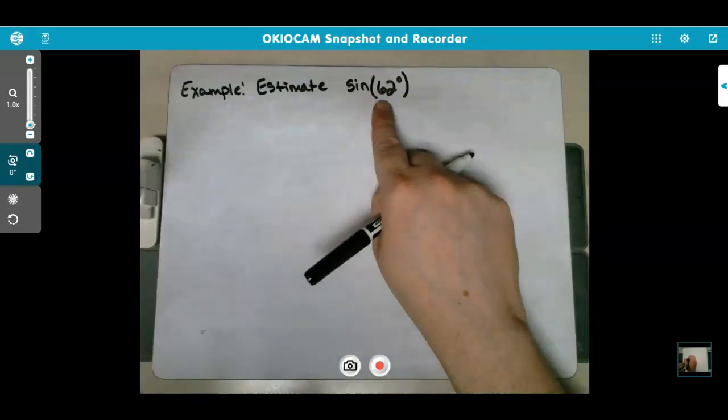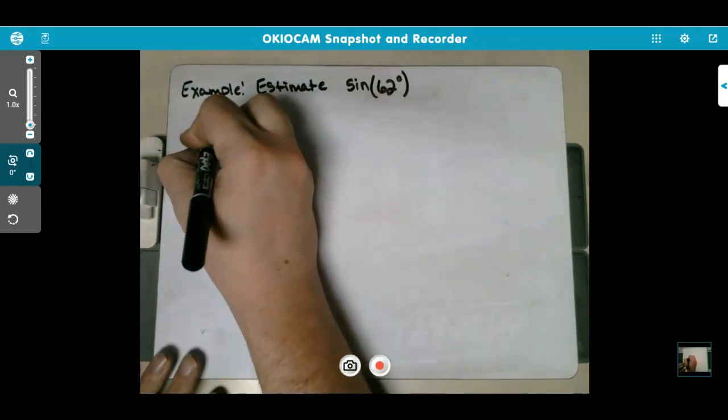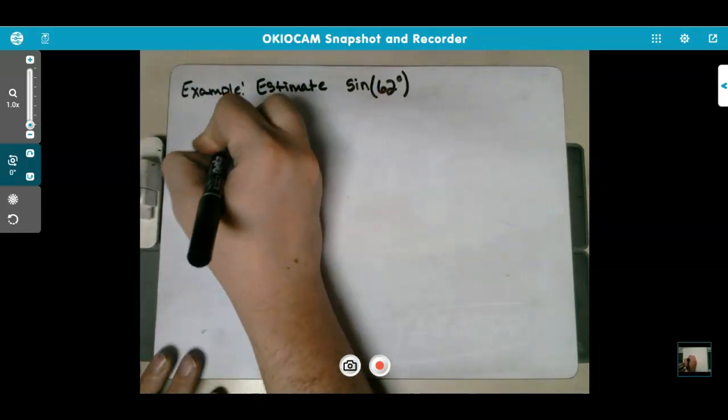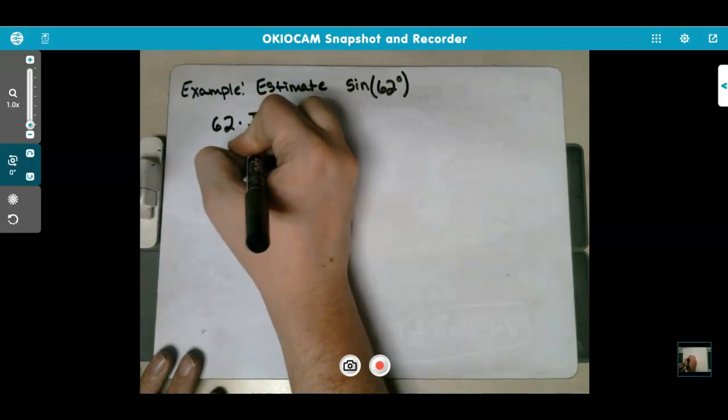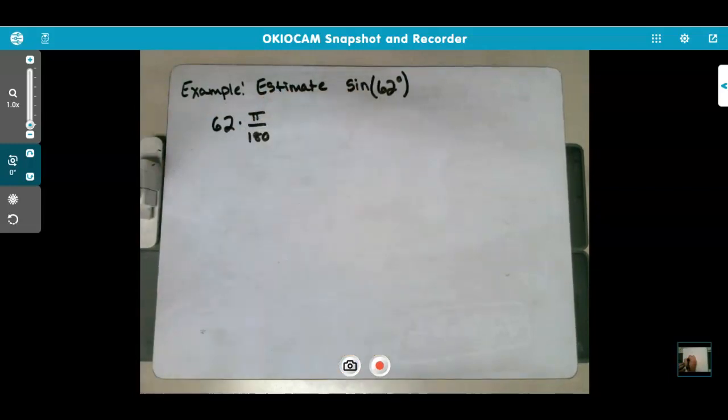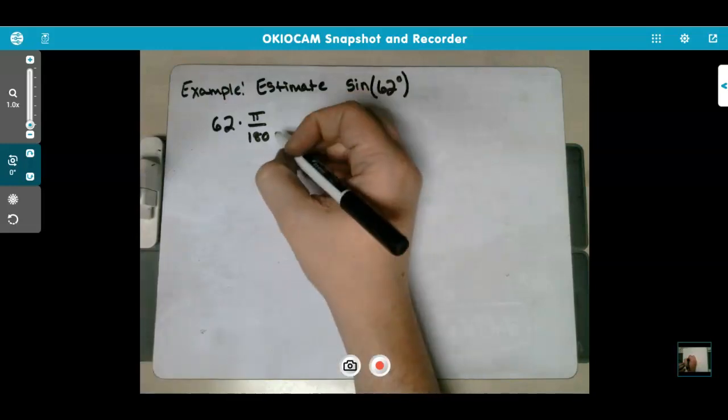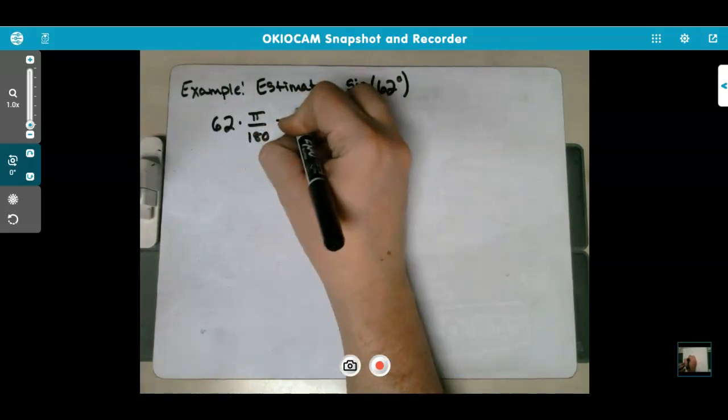This is obviously not. So to turn that back into radians, remember we multiply by pi/180. If we reduce 62 over 180, what we get is 31/90. So that's 31 pi/90. So that's really what I want, okay?